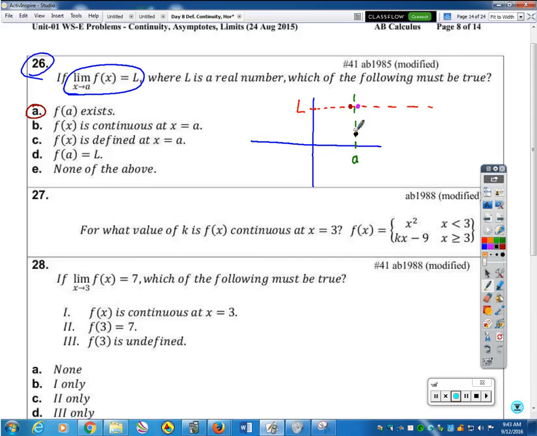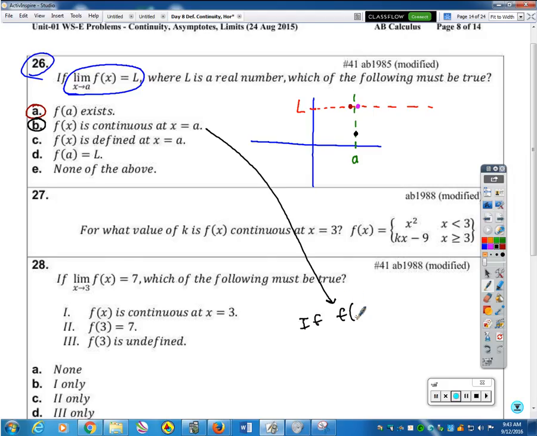Somebody comment on B, please. What do we know about statement B? Let's go ahead to Sarah. We know that if f of A equals L, then it would be true that... Oh, that's well done, Sarah. And the way you explained it was perfect.